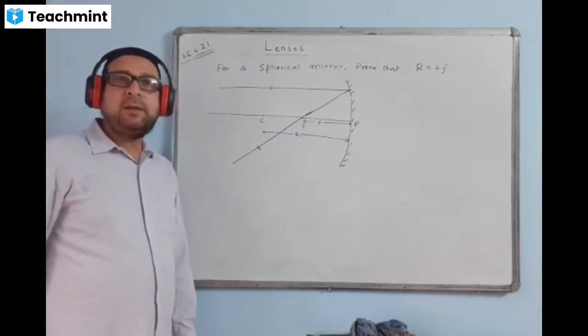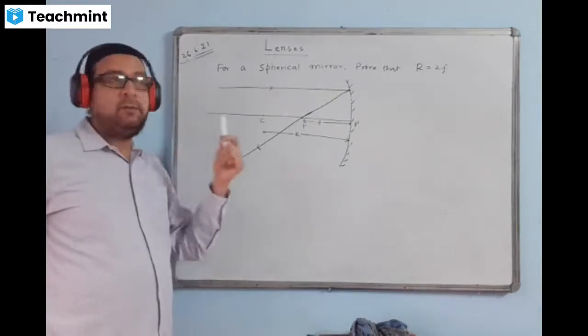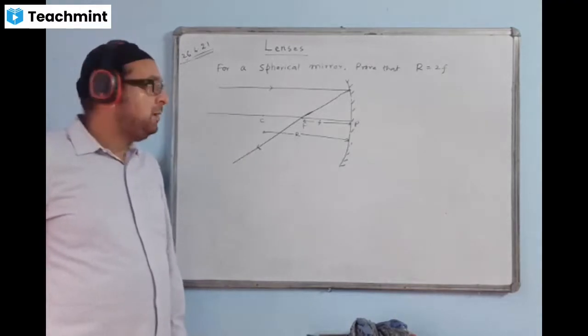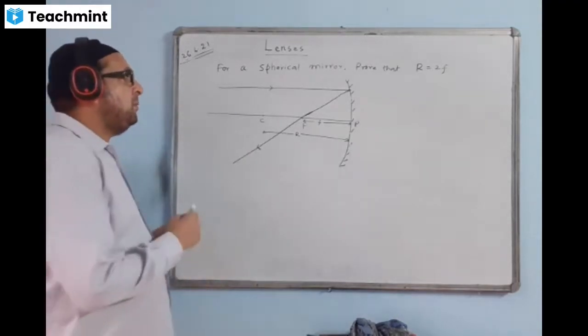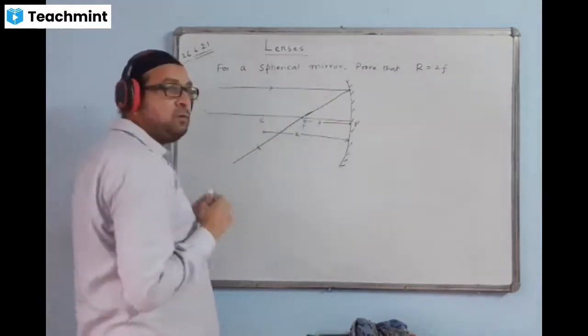This time we will not make an image, because we are not deriving a formula like the mirror equation, where U and V should come. So we just draw one incident ray parallel, only one, without making an image.